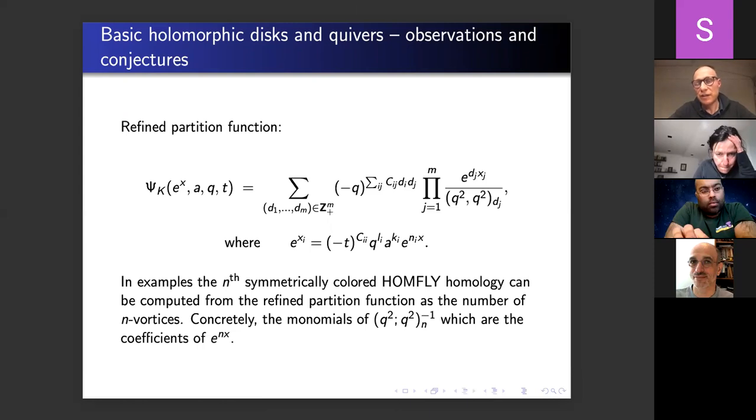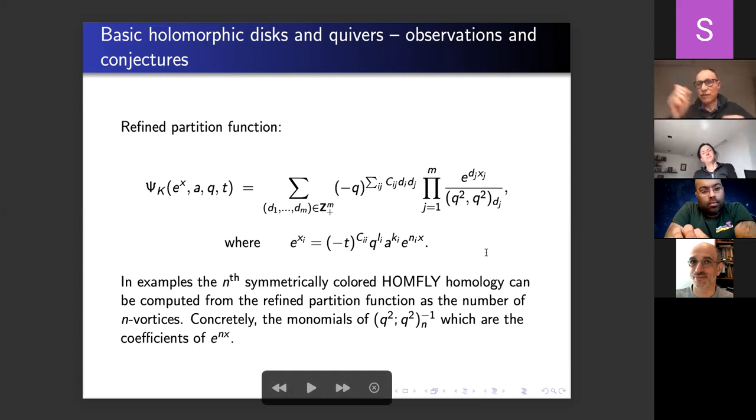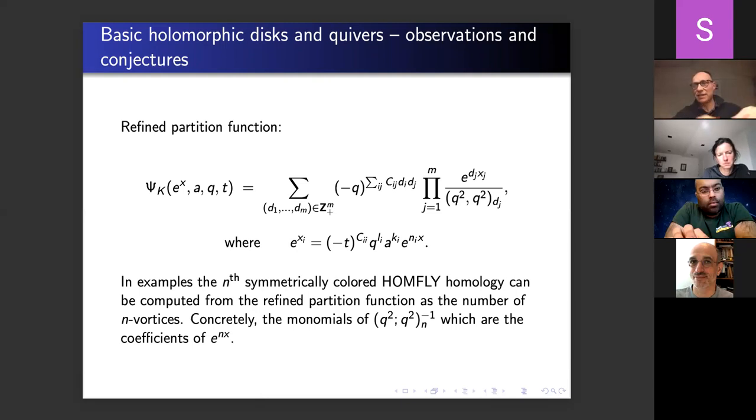The quiver story also has some kind of refined story, which is not equally well understood. If you have a quiver, you can define a refined partition function. I'm just giving you the definition as before, but we introduce a new t variable and take it to the self-linking. There is a kind of physical reasoning, if it was a basic holomorphic disk, why this should be the case. It's mimicking what you did and making a topological twist.